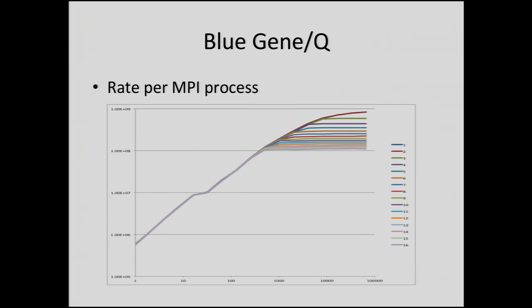There's almost identical performance until you get to a few hundred ints, and then it just fans out. Again, this is one process sending, this is 16 processes sending. The reason you see that is because they're all sending along that same link to a neighboring node.